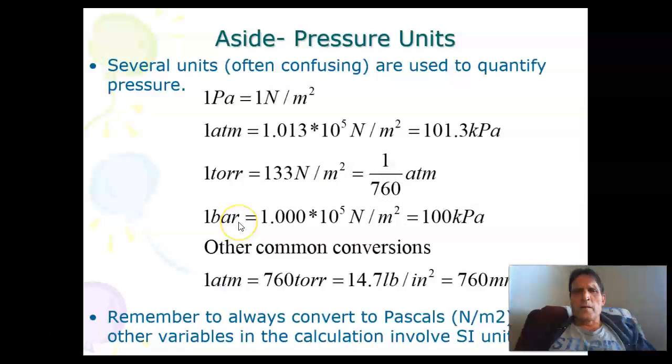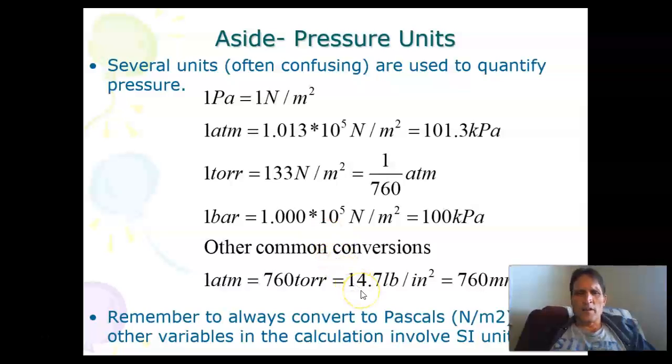If you've ever heard of barometric pressure used by meteorologists, they'll use bars, where 1 bar is the same as 100 kilopascals, which is roughly the pressure at sea level. And they'll deal with millibars, which is 1,000 bars. We're not going to do too much with bars.